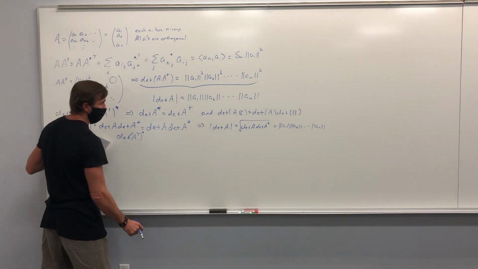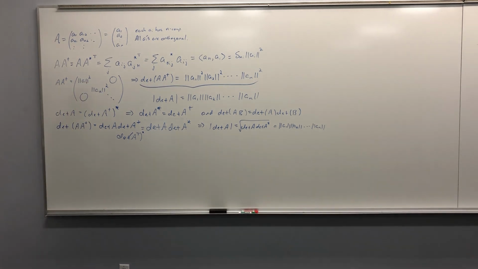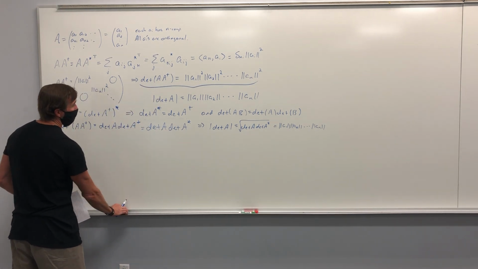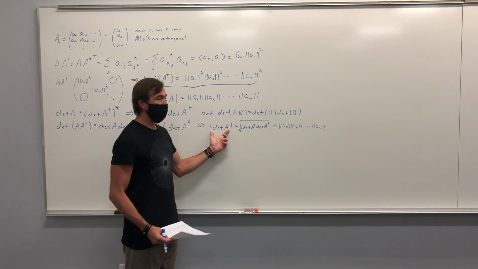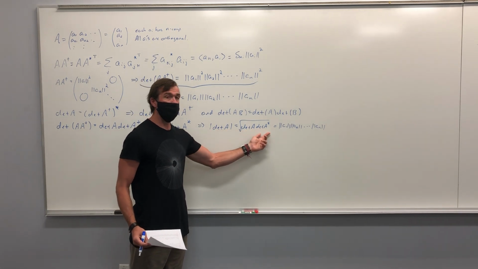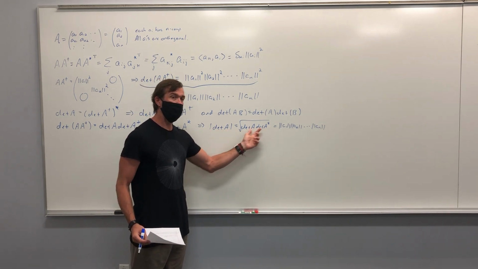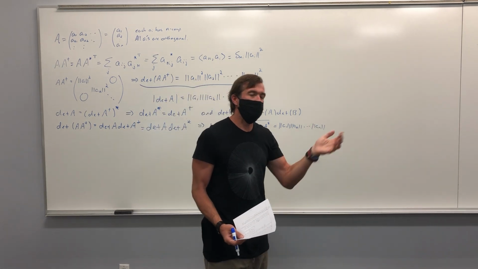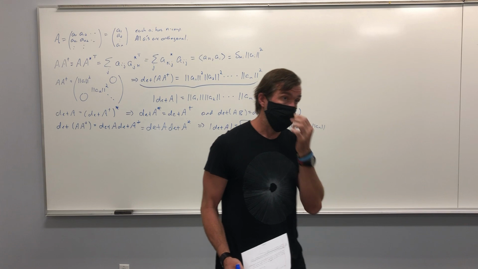But if we want to show, no, I guess it's fine. I guess I'm just confused about why we make that change. All we wanted to do was remove the transpose part of the adjoint, because the magnitude of det A squared is just det A times det A star. The transpose in this story just disappears because the determinant doesn't care. Okay?